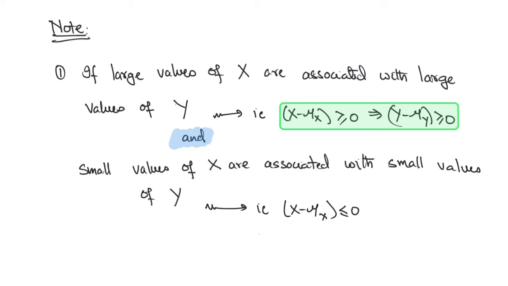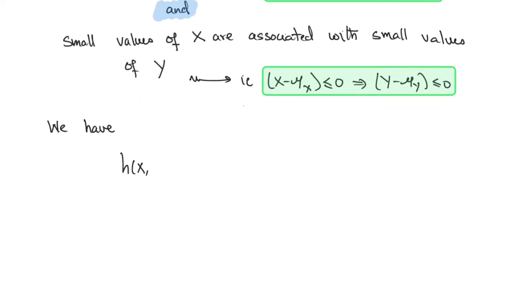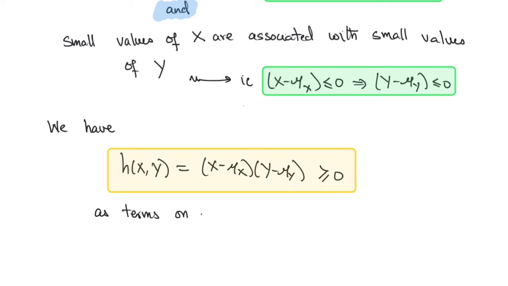In this setting, you will notice that h x comma y would end up being a positive function. The product x minus mu x times y minus mu y is always going to be positive because both the terms on the right hand side of this equation are either both positive or both negative.